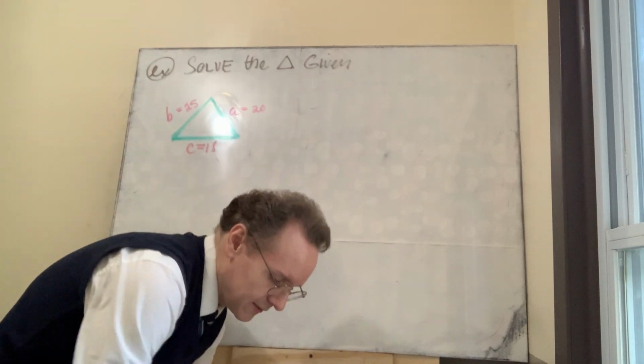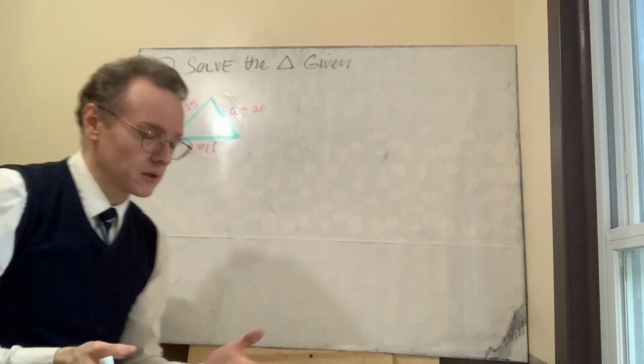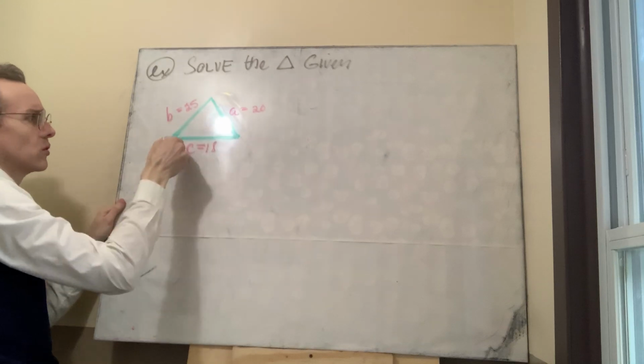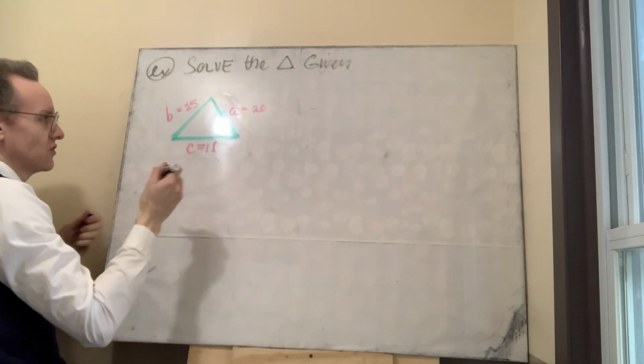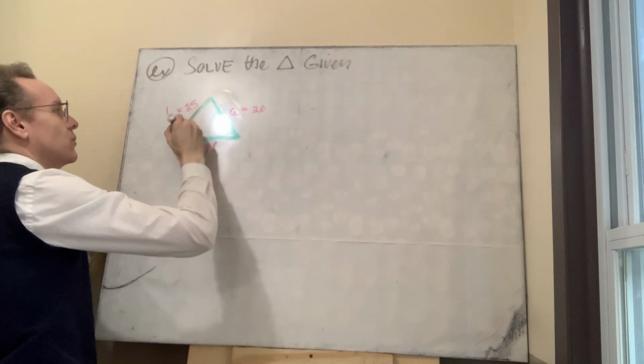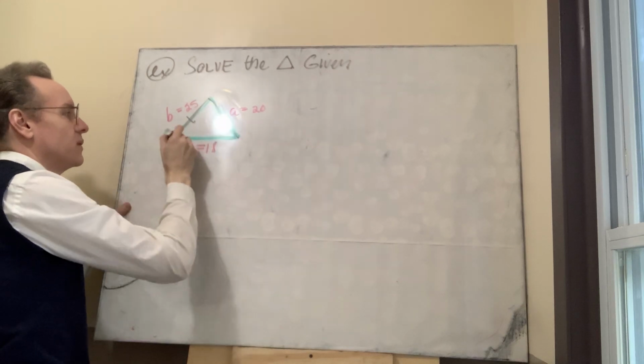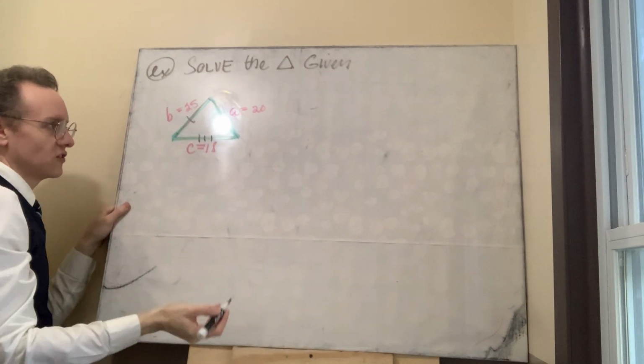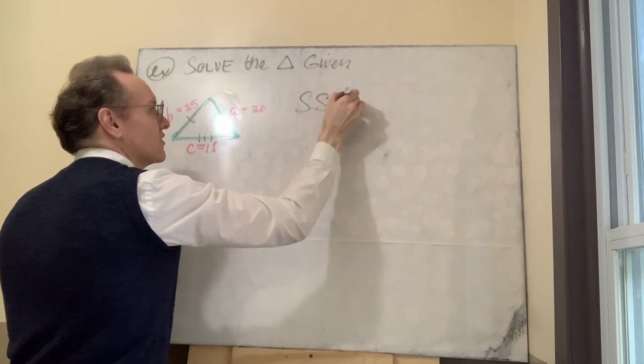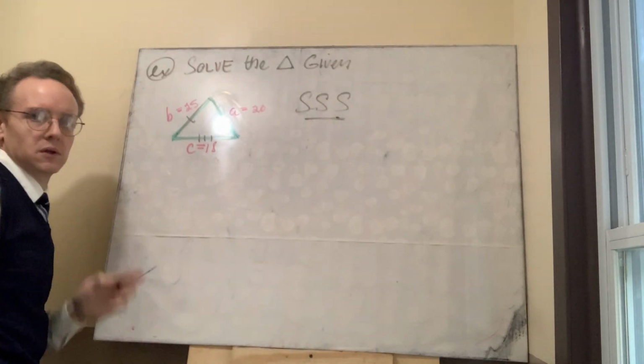Anyhow, if they didn't verbalize it, based upon this drawing and the fact that they're using lowercase letters, this means that what you have is basically three distinct sides. You have a side situation.